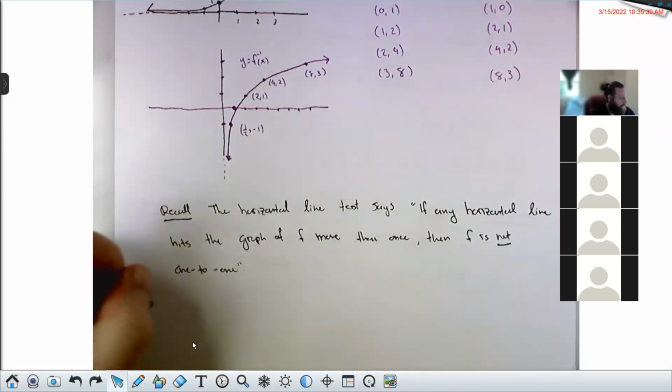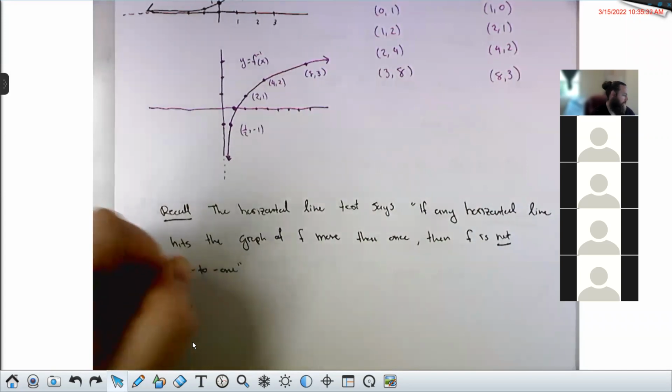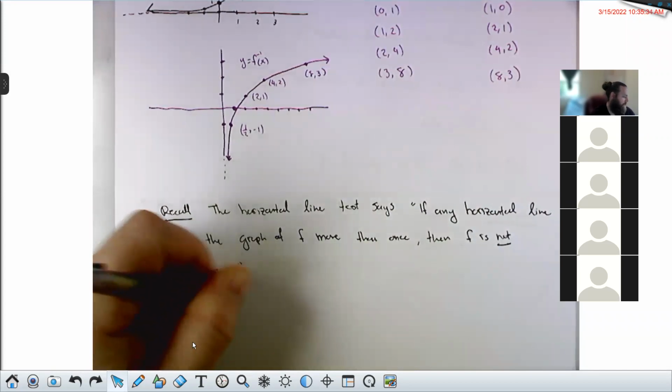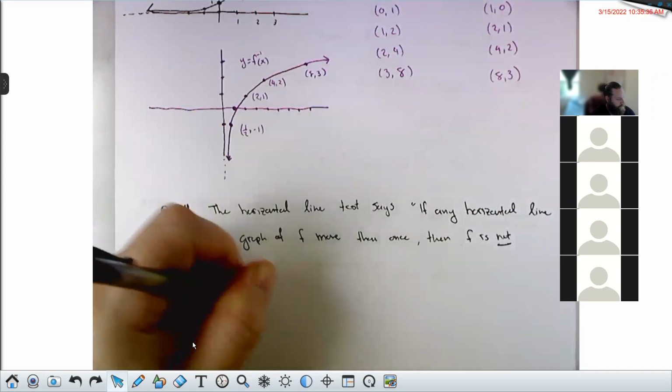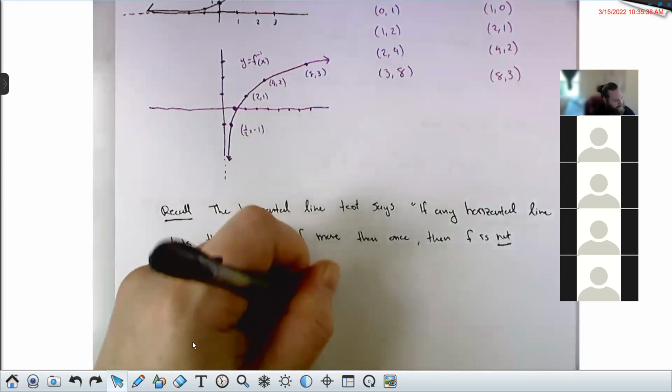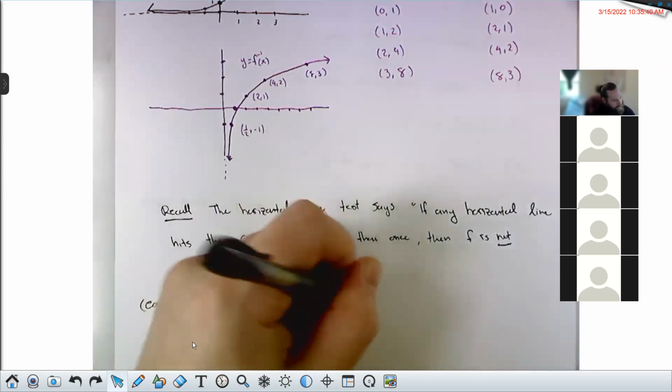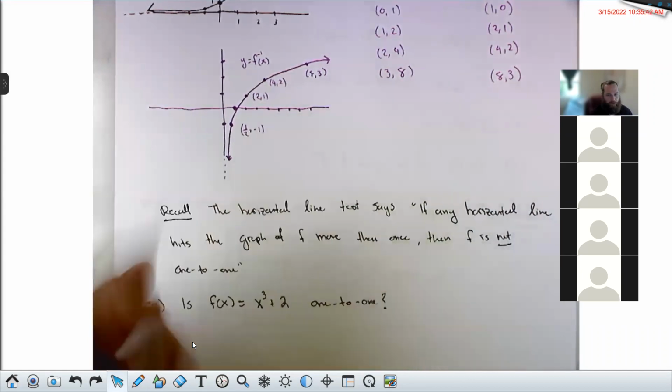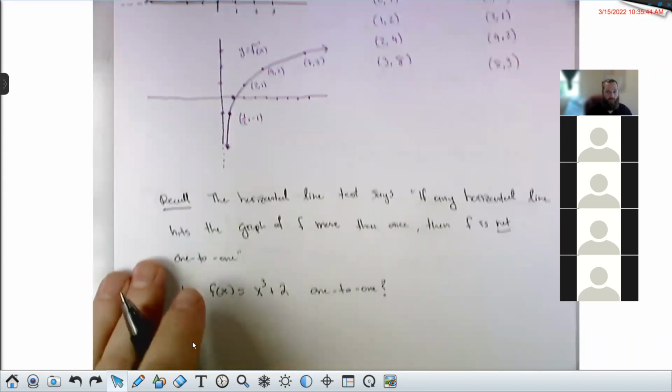So I want to know, is f of x equals x cubed plus 2 1-to-1? I want to know this because my goal is to find the inverse if there is one.